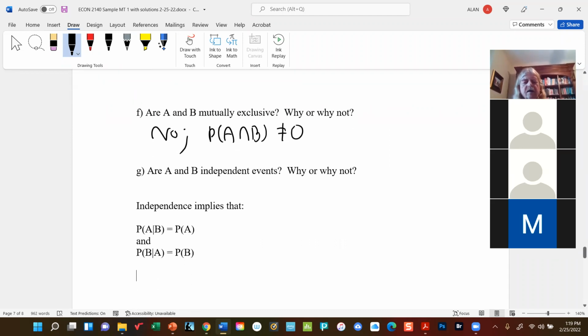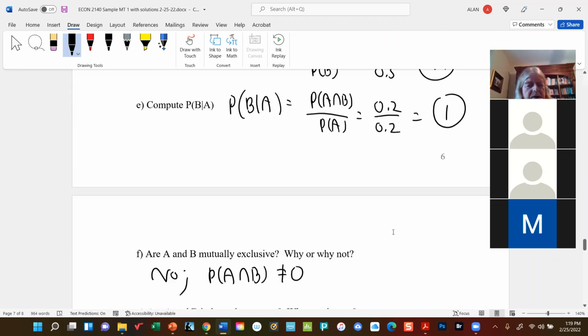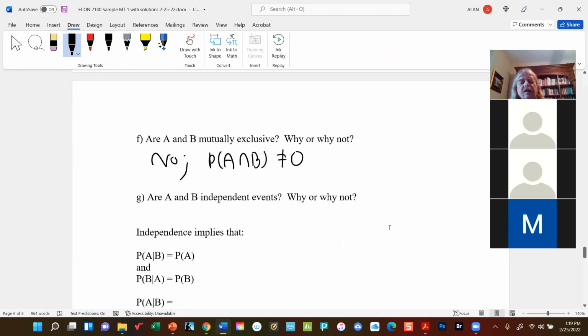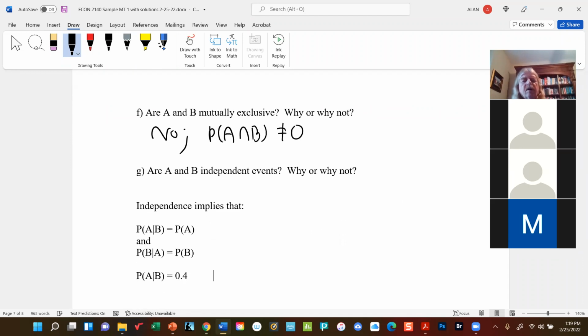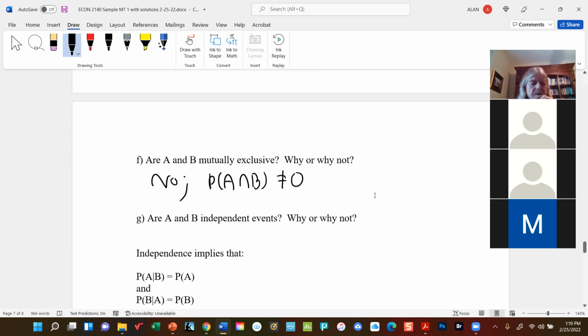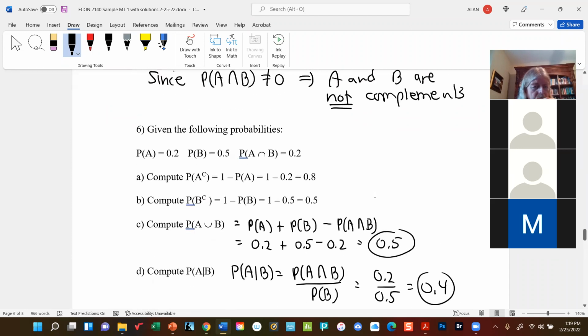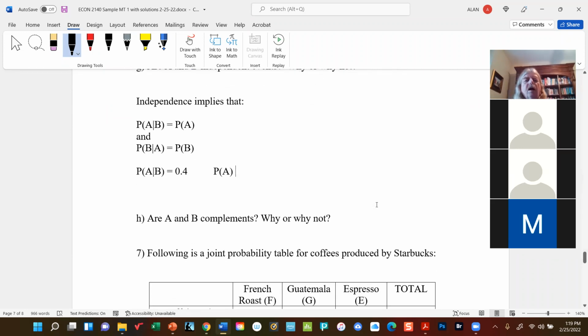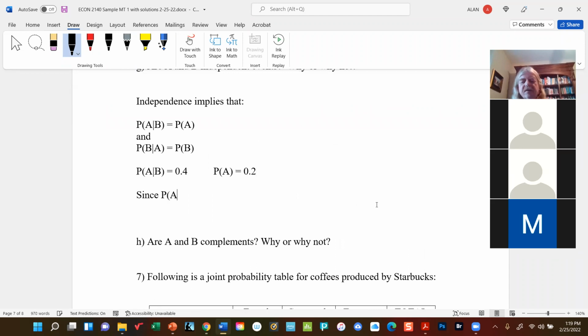So we're going to get the probability of A given B. And remember, we calculated that as 0.4. The probability of A, if you recall, was 0.2. Well, they're not equal, are they? Since the probability of A given B is not equal to the probability of A, it shows that A and B are not independent.